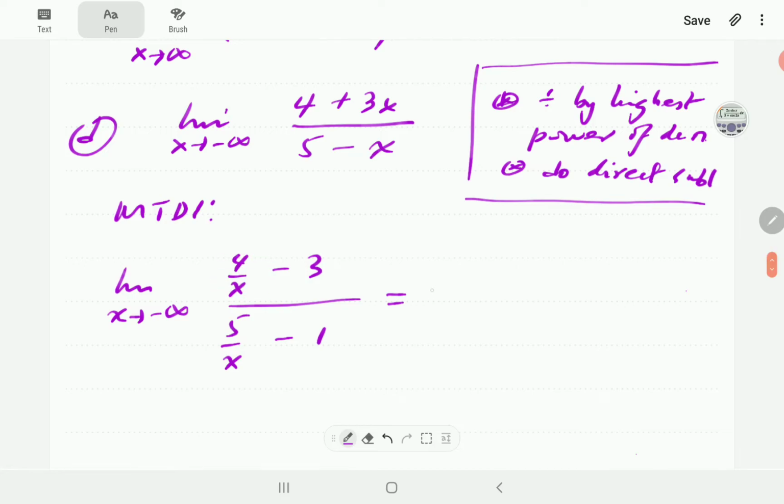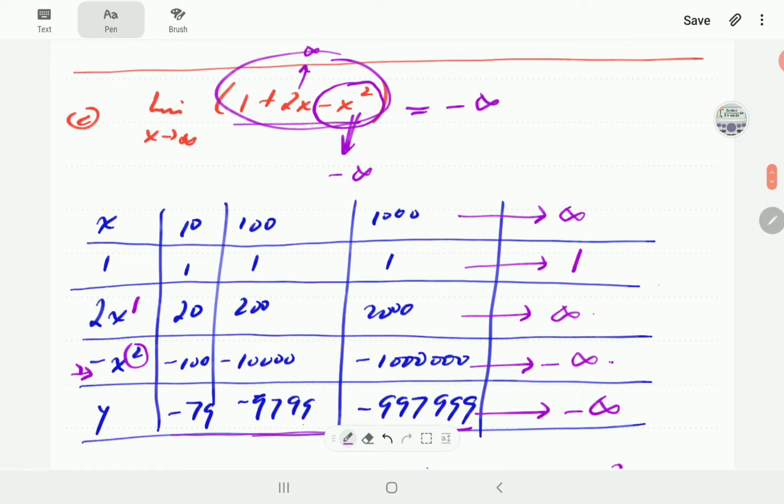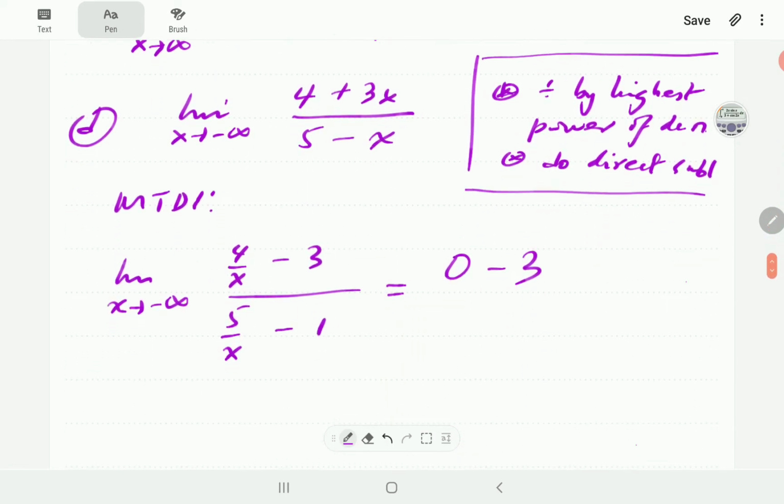So this term is going to go to 0. This one is negative 3. It's going to remain negative 3. From our table analysis here, we've seen that as x goes to plus infinity or minus infinity, constants just remain constant. So then in the denominator again, 5 over x will go to 0. And so this thing is going to go to 3.